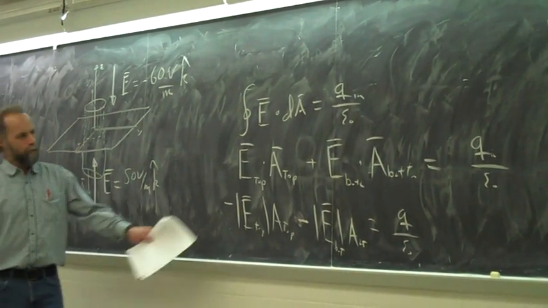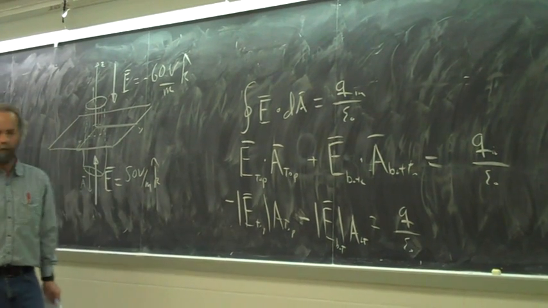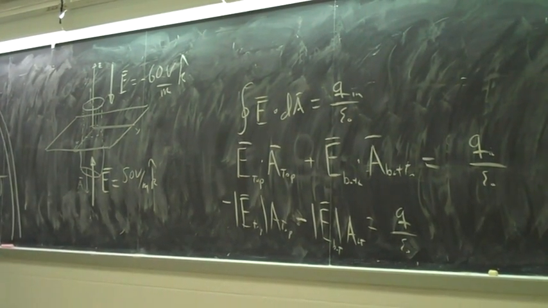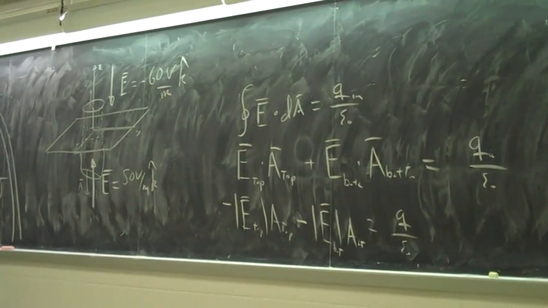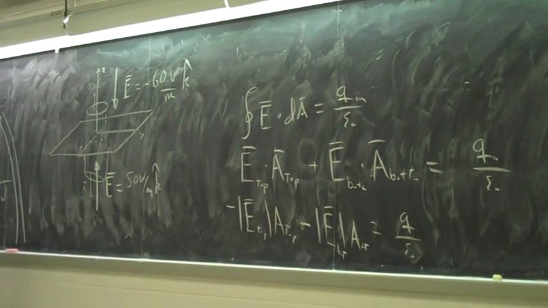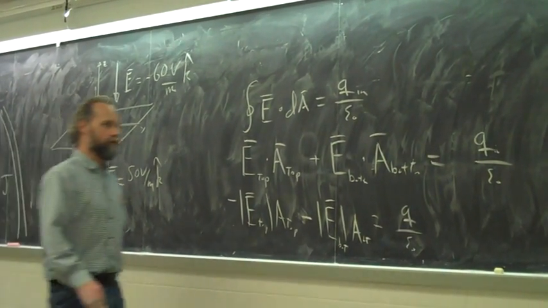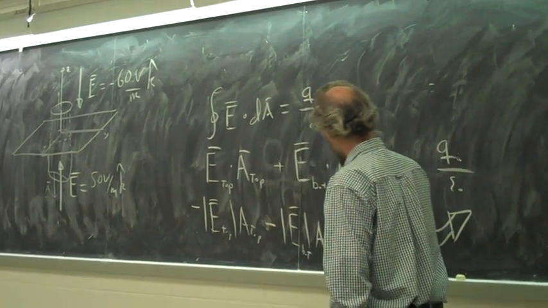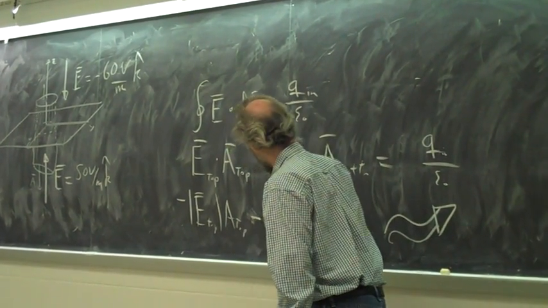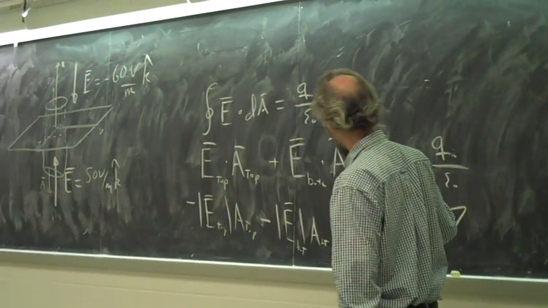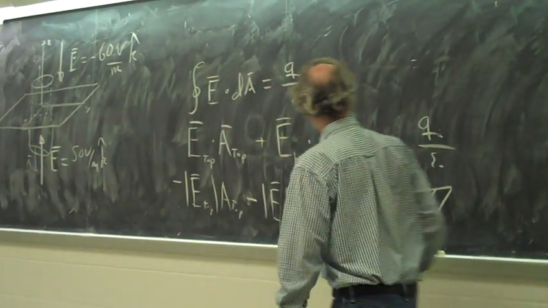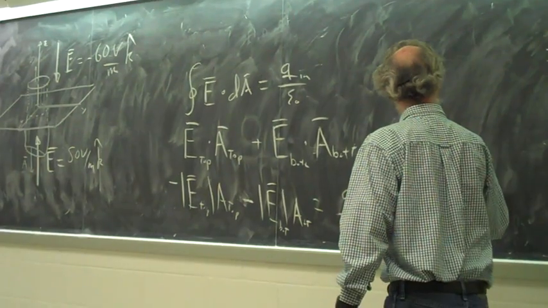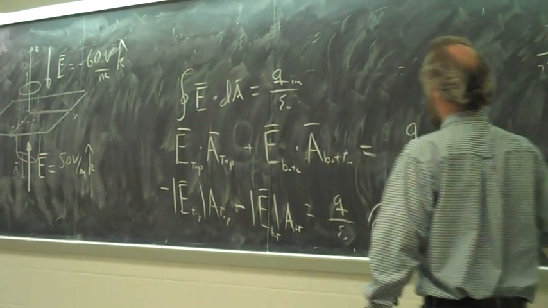Okay. So what's this length here? We'll do one more trivial step and figure it out. The area of the top and the area of the bottom are the same, so I'll just drive that over to the other side. This will give you the charge over the area.